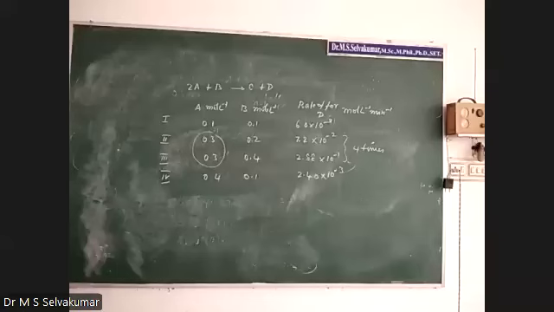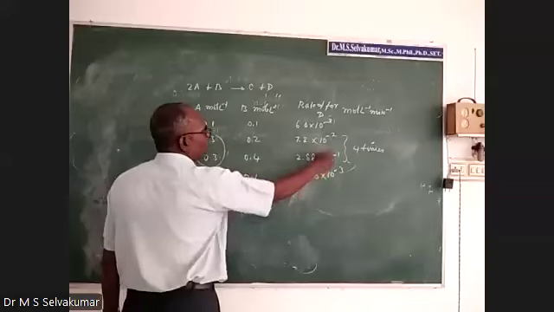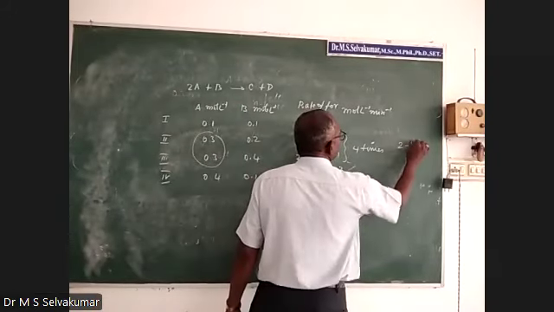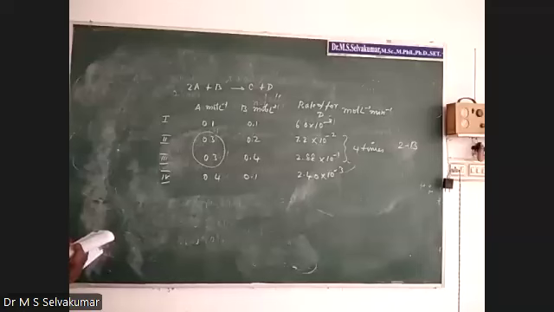When the concentration of B is doubled, the rate increases by 4 times, because 7.2 into 4 is 28.8, so it increases 4 times. Therefore, it is second order with respect to B.